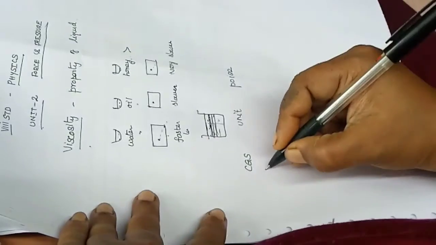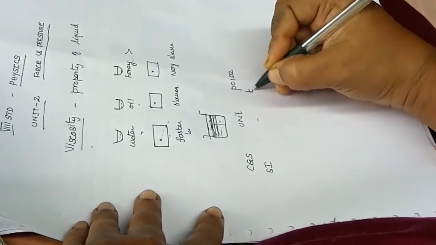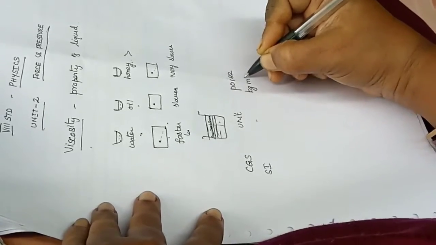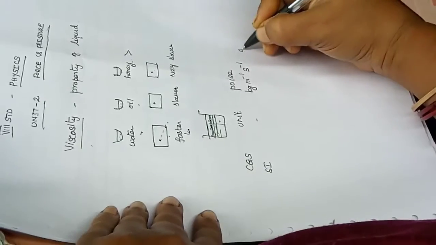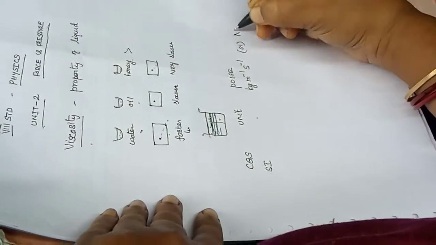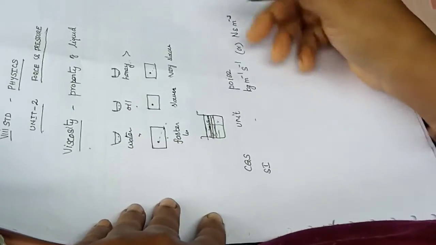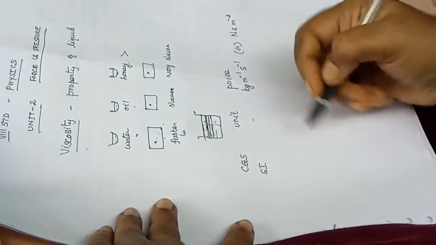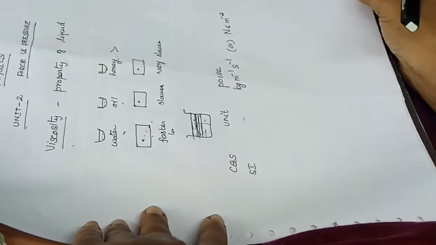In the MKS SI system, the unit is kg m^-1 s^-1 or newton second per meter squared. You will study viscosity in detail in your higher classes.